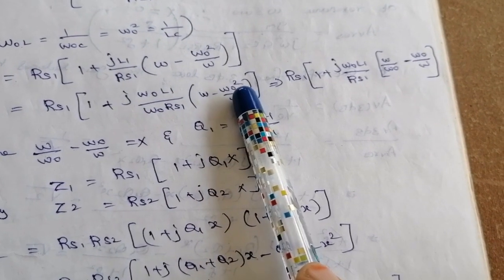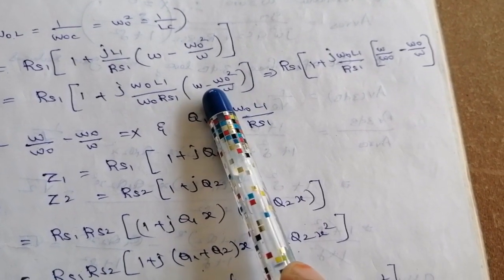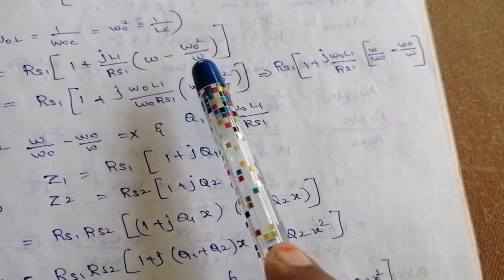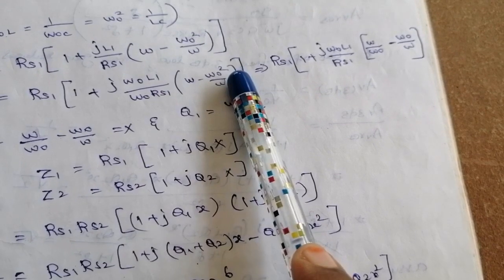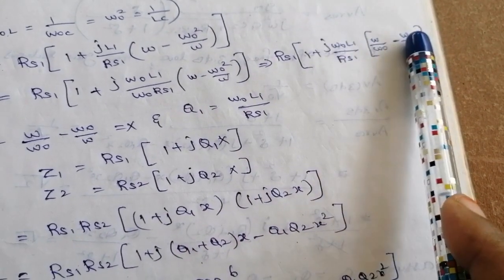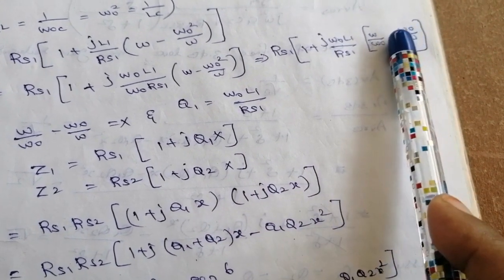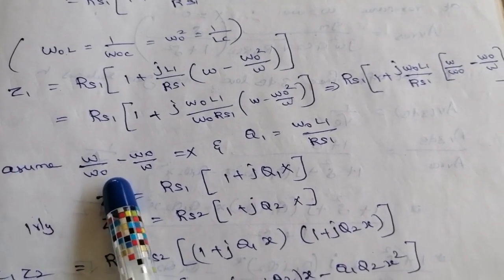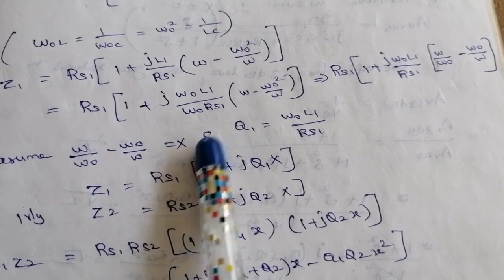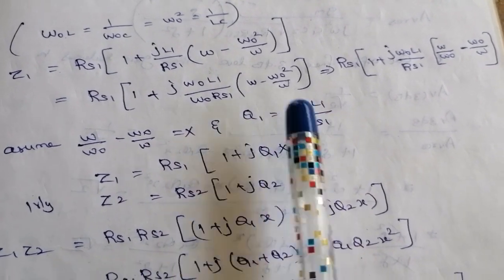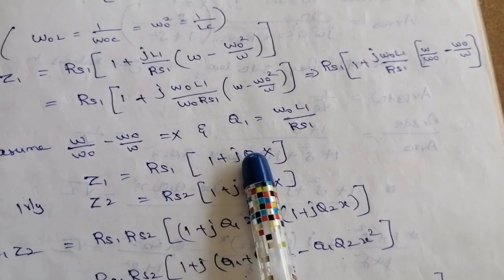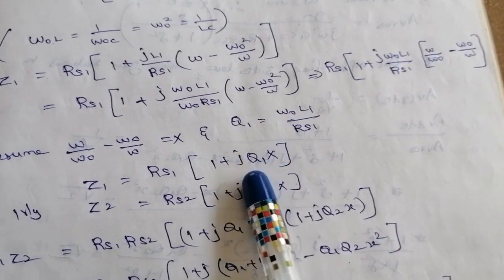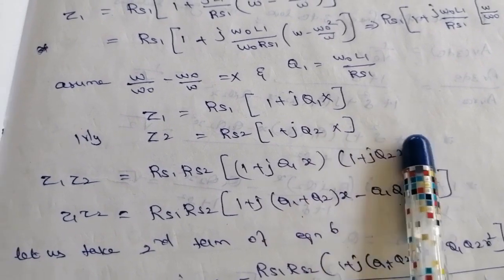The omega naught goes inside: omega by omega naught minus omega naught squared by omega, and the omega naught cancels, so we get omega naught by omega. We already know omega by omega naught minus omega naught by omega equals x, and Q1 equals omega naught L1 by RS1. So Z1 equals RS1 into 1 plus j Q1 x, and Z2 equals RS2 into 1 plus j Q2 x.